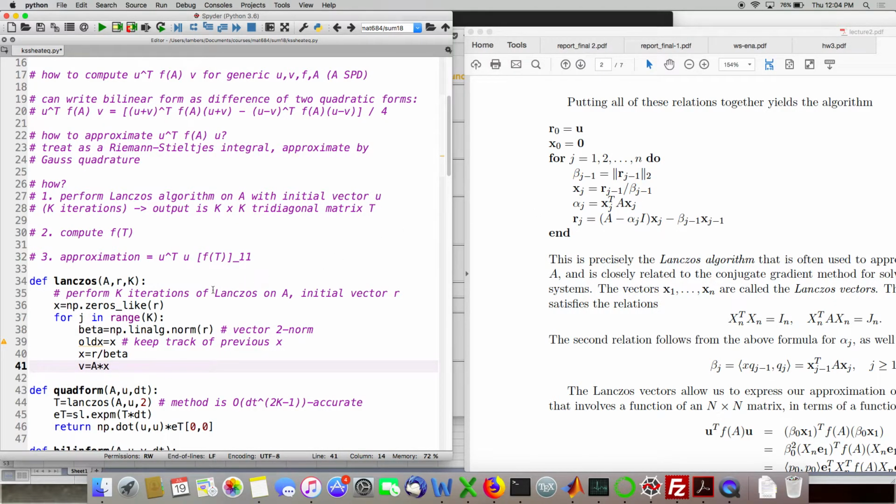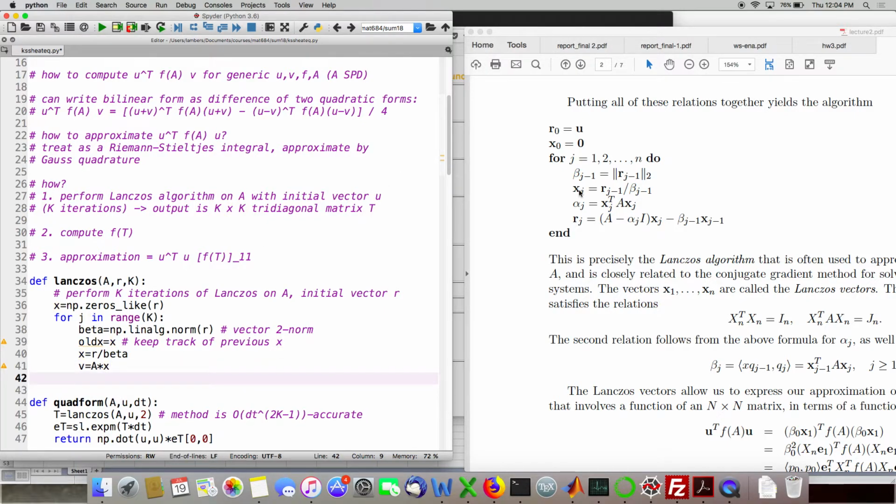And since A, I'm assuming, is a sparse matrix, which it is in this case, then I can do that with the star, as opposed to what happened in class the other day. All different ways of matrix multiplication, but at least here the star is okay. Now I can compute alpha. Alpha is equal to x transpose v. So alpha is, I'll use a dot product.